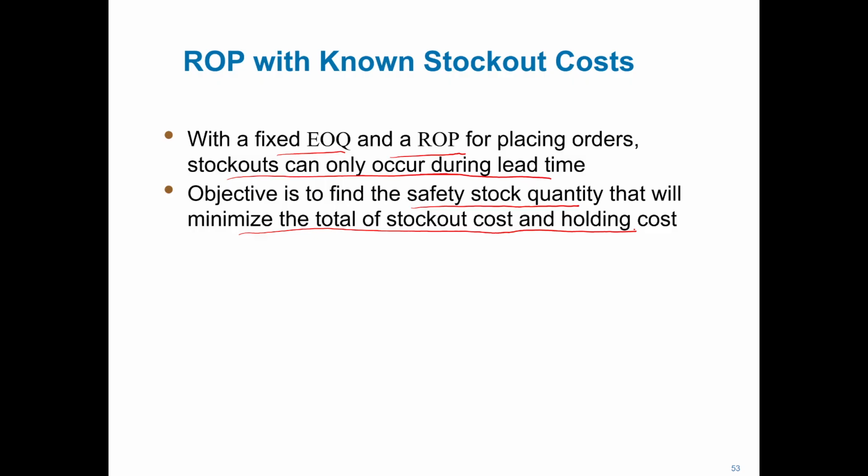Now we have a situation that stockout may occur and then holding cost is there. If we keep a large safety stock, then of course the chance of stockout is not there, but we are keeping a large safety stock, which has a holding cost. On the other hand, if we keep less safety stock, the chances of stockout cost may occur.